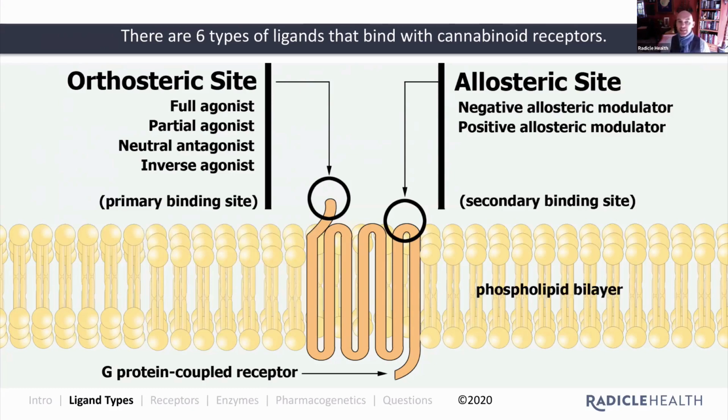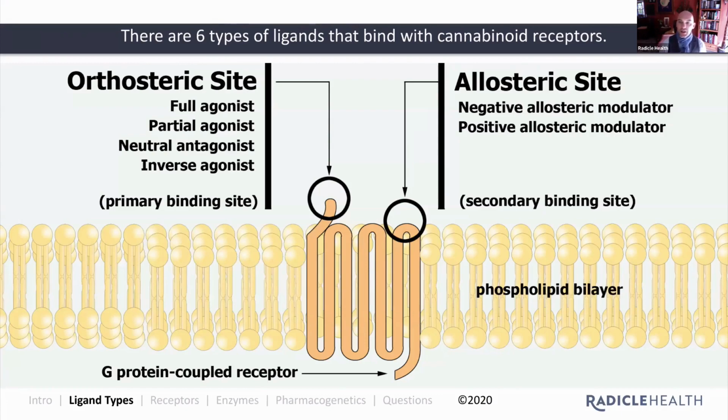But you can see on the left-hand side, there are 4 general ligand types that bind to orthosteric sites. And on the right-hand side, there are 2 general types of ligands that bind to the allosteric site. And then you can see a generic G protein coupled receptor that is moving in and out of the phospholipid bilayer.